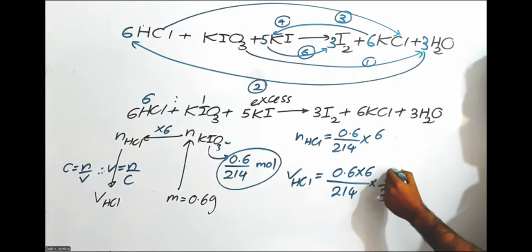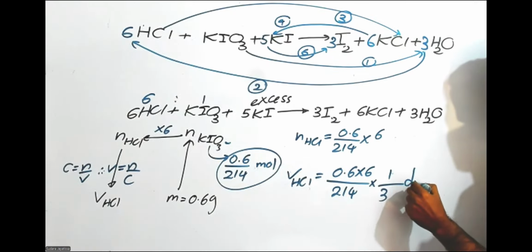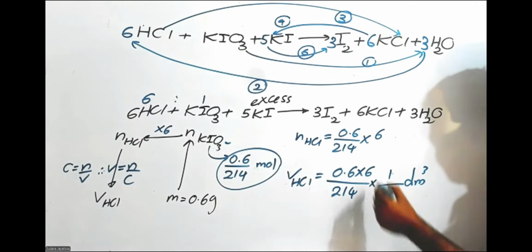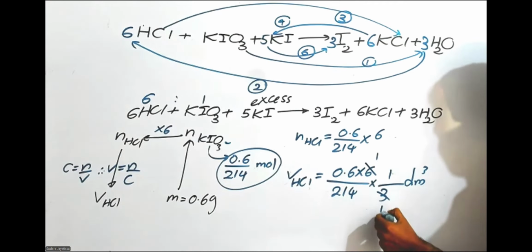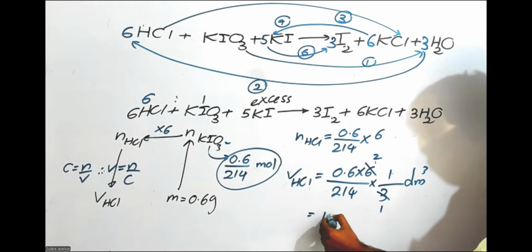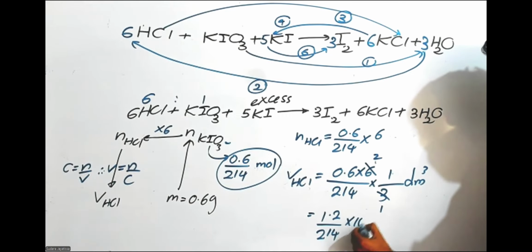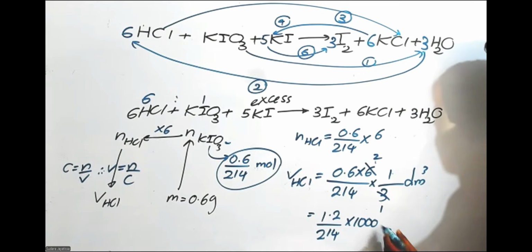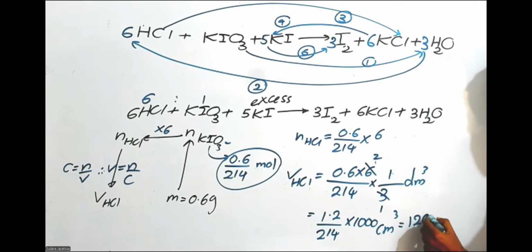And the thing is, you are getting the volume in decimeter cube. Here you can cut one. That's why I said wait. Here you can then divide 1.2 by 214 into 1000, then you will get the answer in centimeter cube. So 1200 divided by 214.